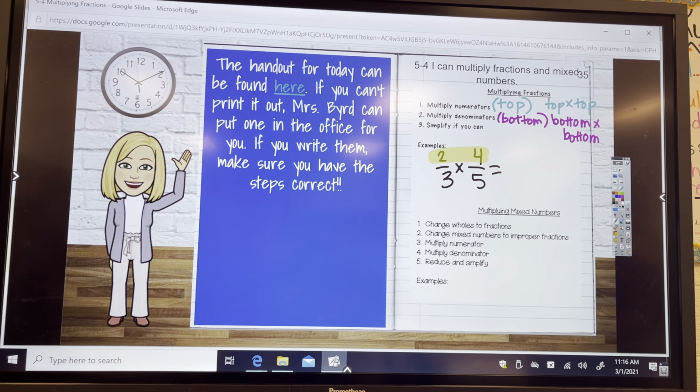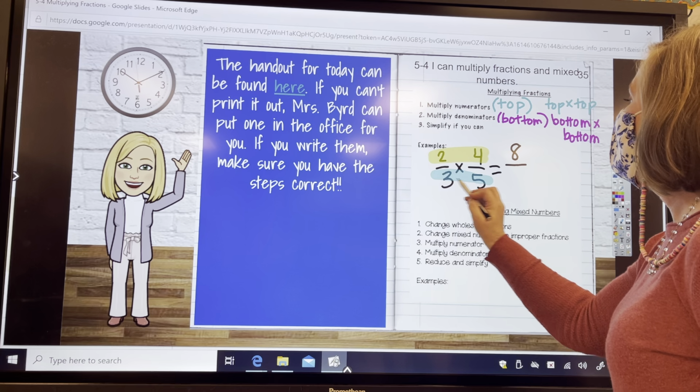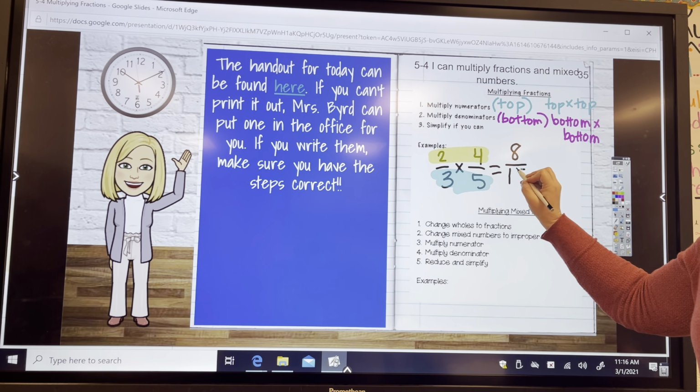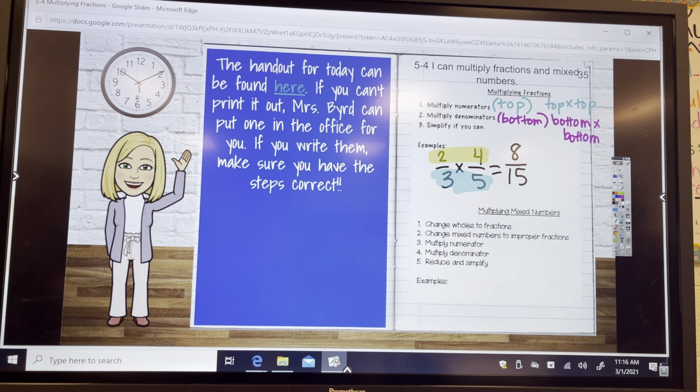So 2 times 4 is 8. Then it tells us to multiply the bottom numbers, which are the denominators. 3 times 5 is 15. Then it tells us to simplify if we can. Can we simplify 8/15? No, we cannot simplify 8/15. There's no way to do that. So this 8/15 is our answer, okay?